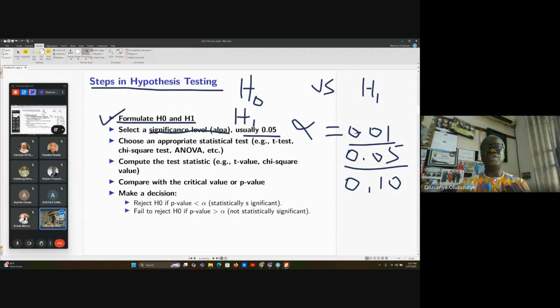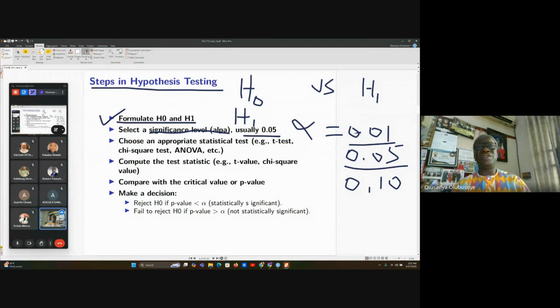Otherwise, you might be tempted to shift the goalposts, when the kick is coming. So you don't wait until you see the result before you choose your level of significance.